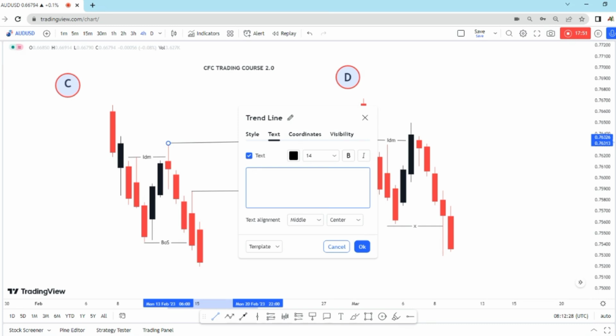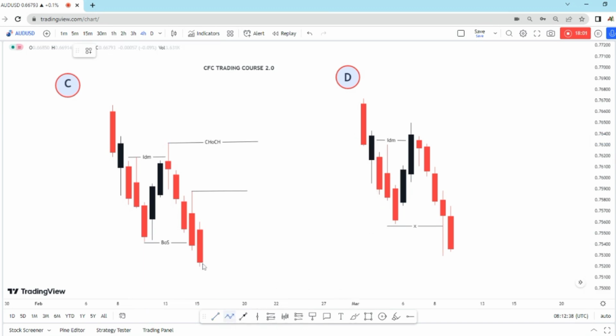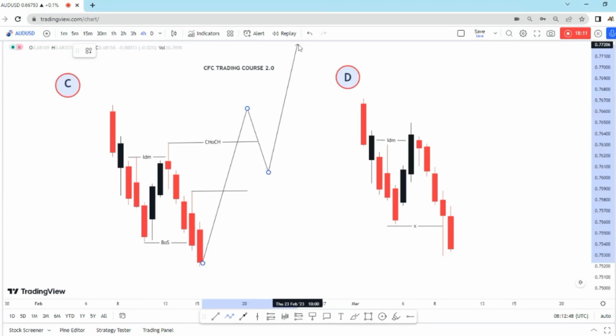If price takes this high, then our change of character is formed, that is, if price didn't tap into any supply or demand level. Then we take our move to an upside, which means price has gone against the previous direction.